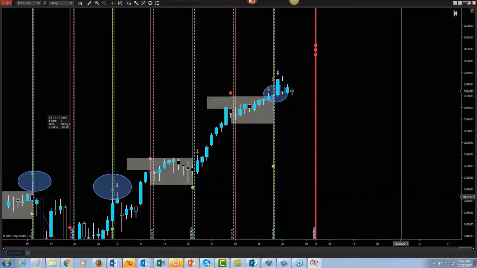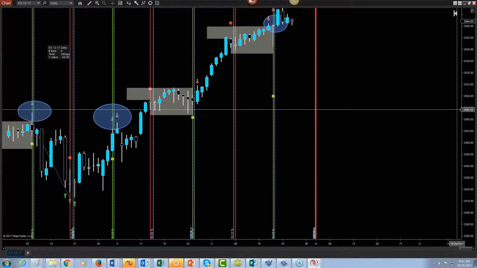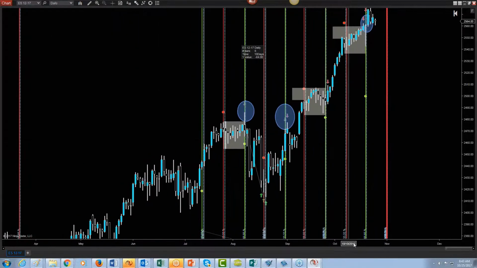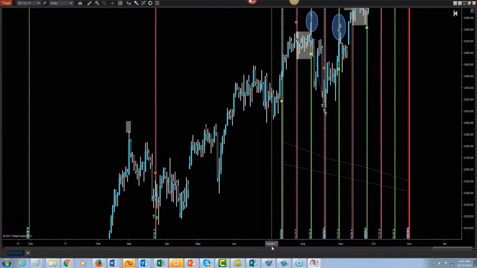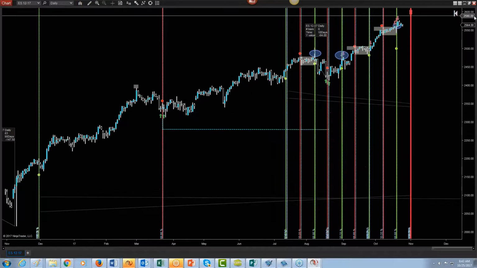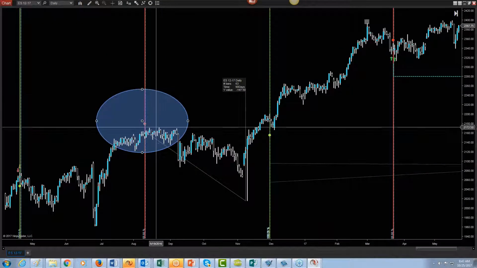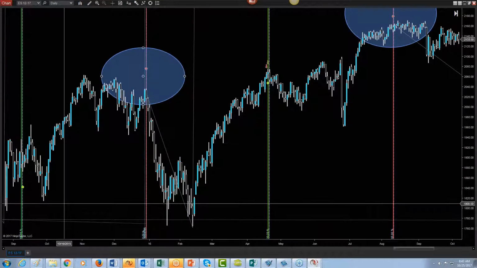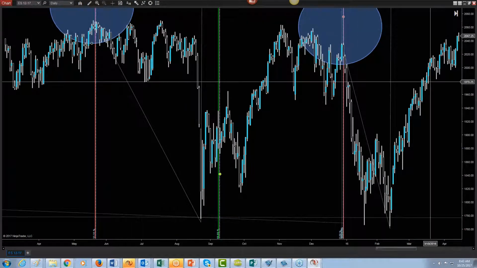We talked about how when we see those large red, large cycle times, there are substantial moves down, like this one where we had the blue circle, and this one where we had the blue circle, and this one where we had the blue circle.